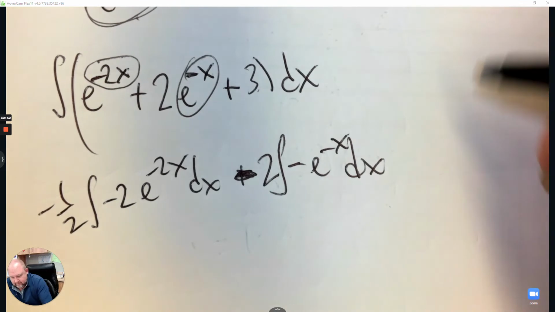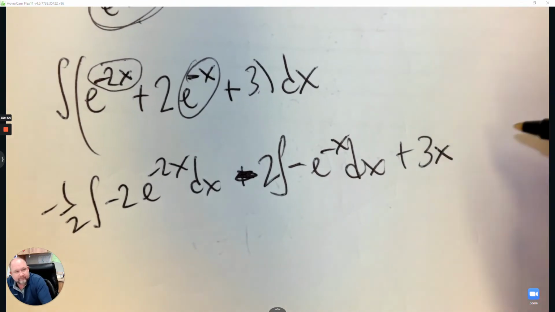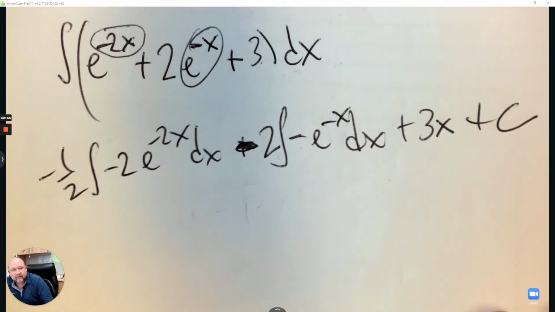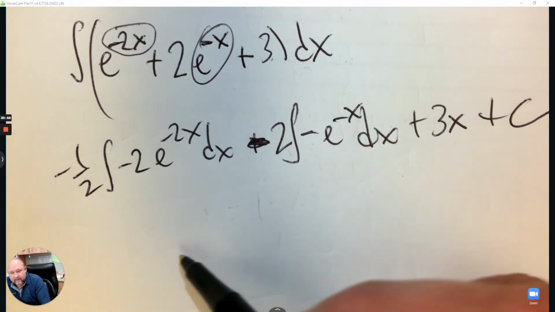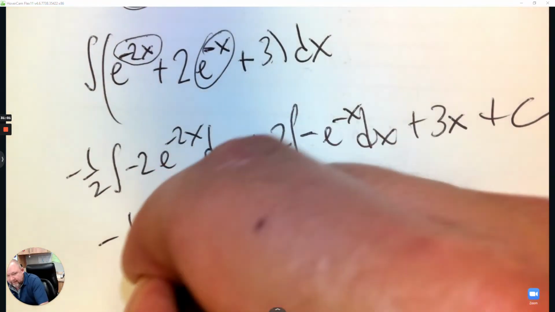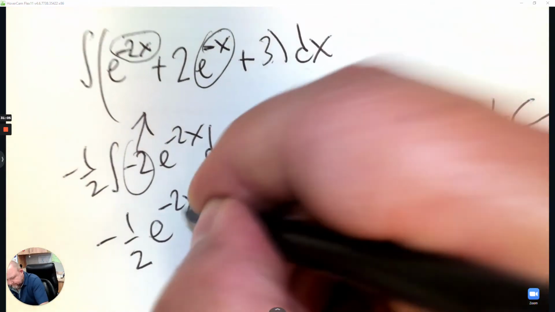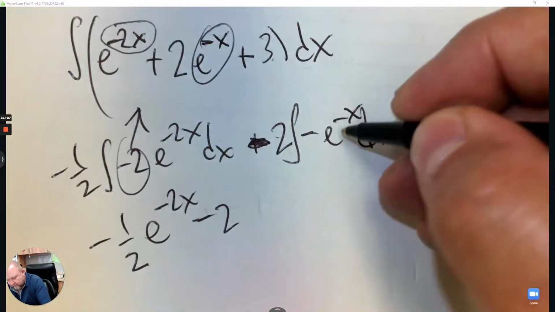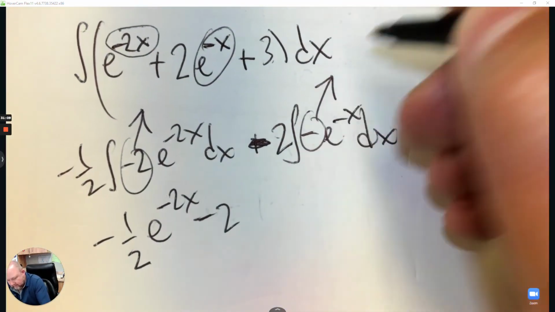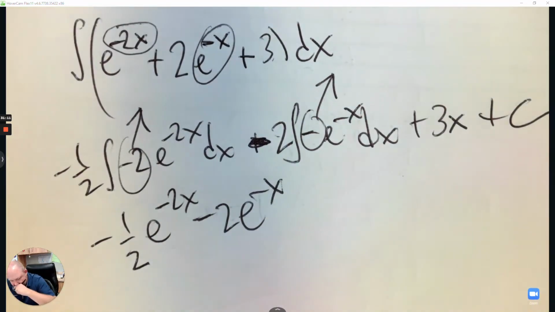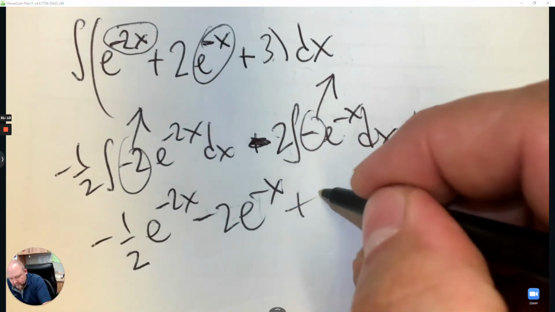And then 3, that's just 3x. Now we start with negative a half and copy. The hook gets unhooked. Start with negative 2 and copy. This gets unhooked. And then plus 3x plus c.